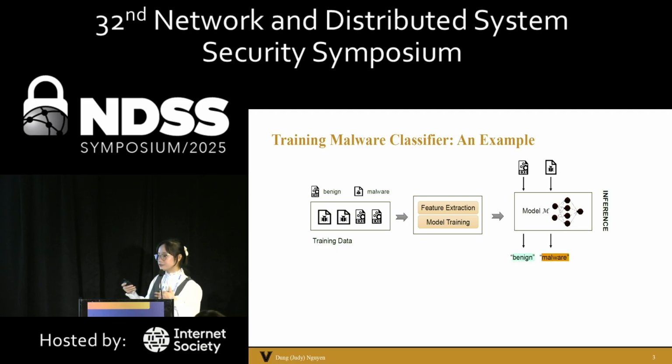After we have the feature representation, we can use the features to train the model. The model could be traditional machine learning or deep learning. In the end, we expect to have the final model M so that this model can correctly classify a sample into benign or malware.